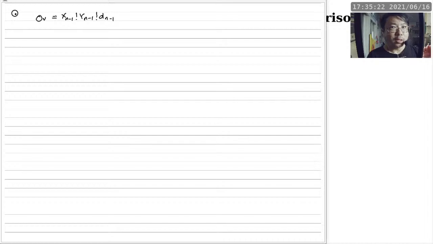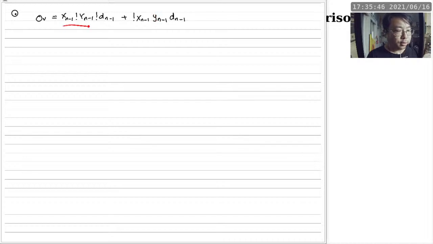So this is one way to get an overflow. And then the other scenario of an overflow is the negation of x n minus 1, y n minus 1, d n minus 1. If you want the overall OR to be a 1, then you need one of the two conjunctions to be true.